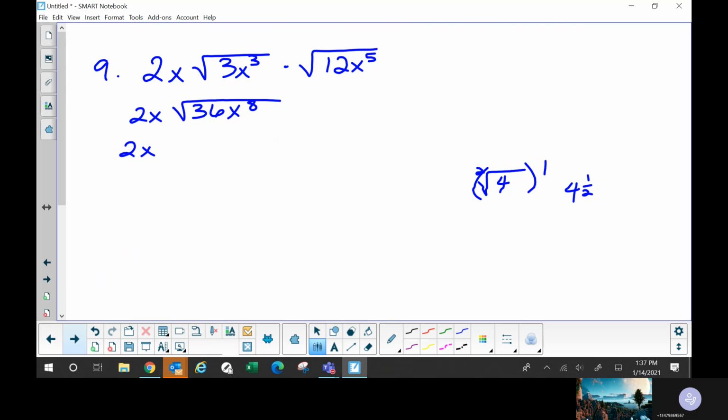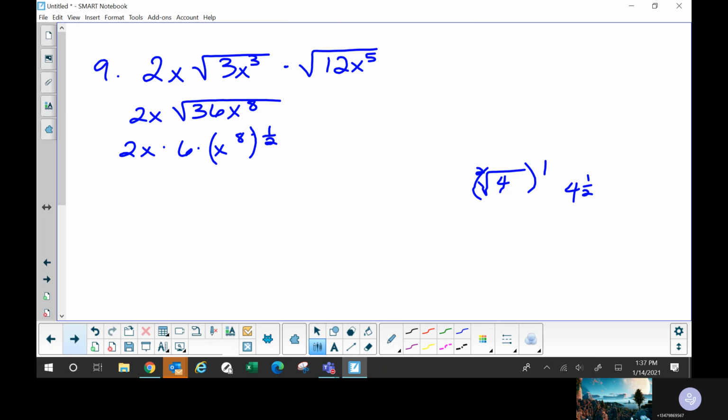And you know, if you think back, what is the square root of just 36? 6. Okay, and then that x to the 8th is going to be all raised to the 1/2 power. Again, anything that says square root, that's to the 1/2 power.